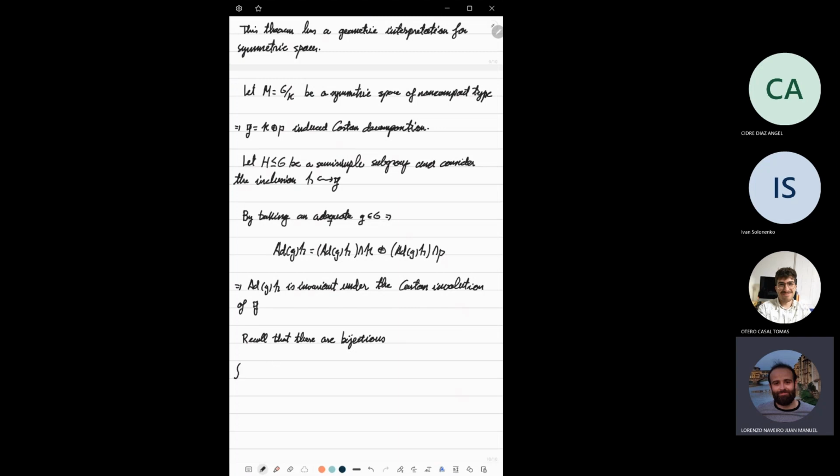So we have the set of totally geodesic submanifolds that pass through the origin. These are equivalent to Lie triple systems.